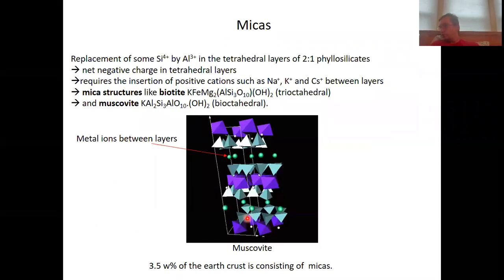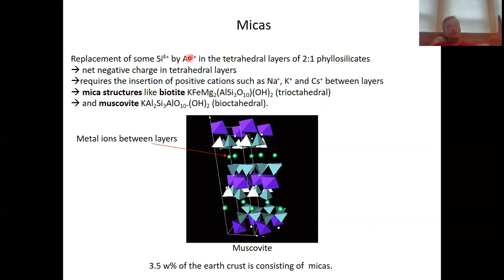All right, so another important class of 2-to-1 phyllosilicates are the micas. So in these micas, some of the silicon 4 plus ions in the tetrahedral layer are replaced by aluminum 3 plus. Okay, so now we have additional negative charges because tetrahedrally coordinated silicon has no charge, while tetracoordinated aluminum has a 1 minus charge.